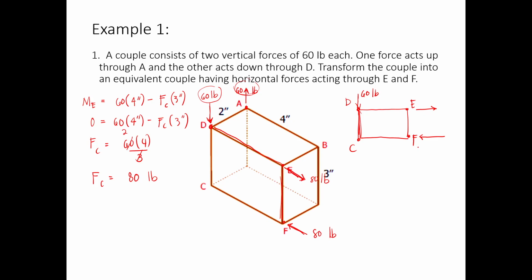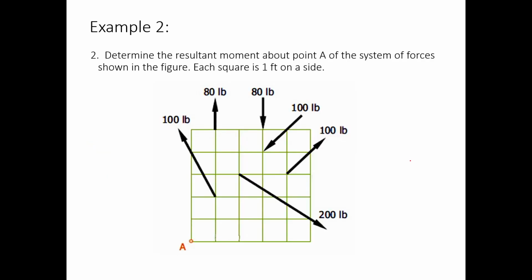Okay, so let's go to a 2D figure, but let's make it a bit more difficult. For example, we're going to determine the resultant moment about point A of the system of forces shown. One square is 1 foot on one side, so per grid the distance is 1 foot.